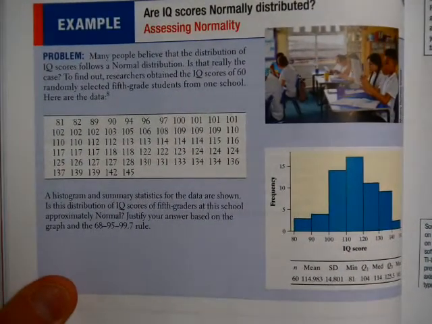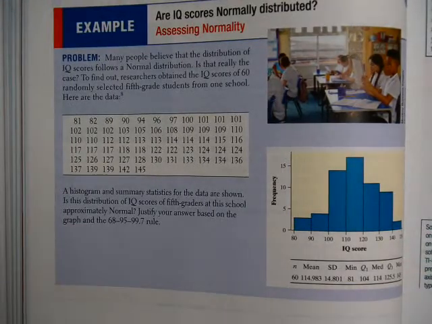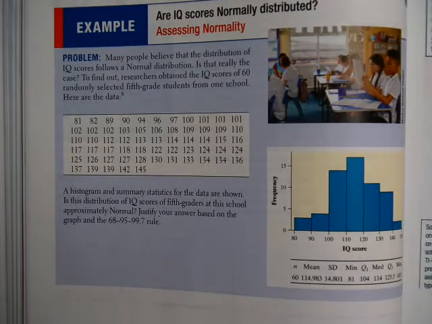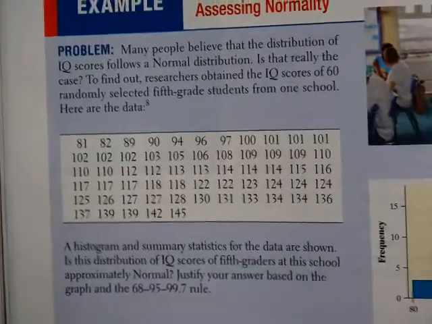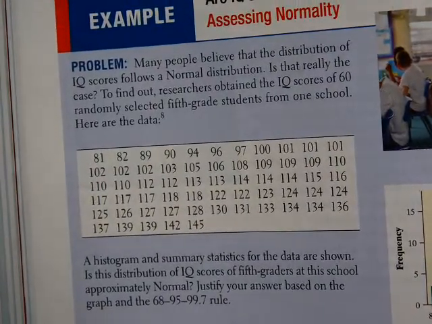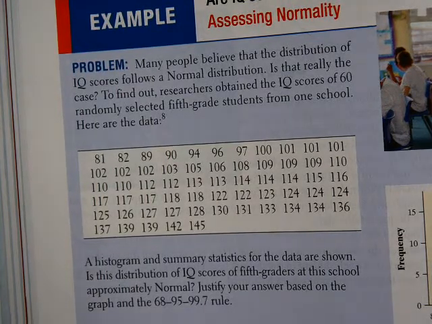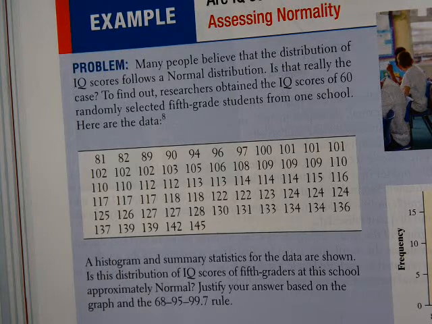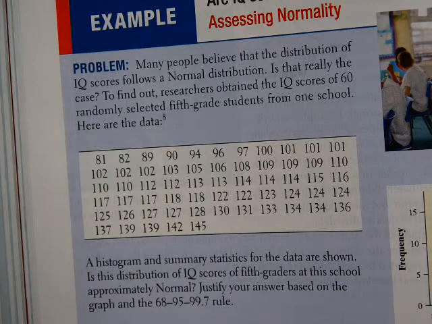It's this guy right here. Now, we assume that IQ scores are normally distributed, but we want to verify that. So if you wouldn't mind, put these numbers into a list for me so we can go through this together.